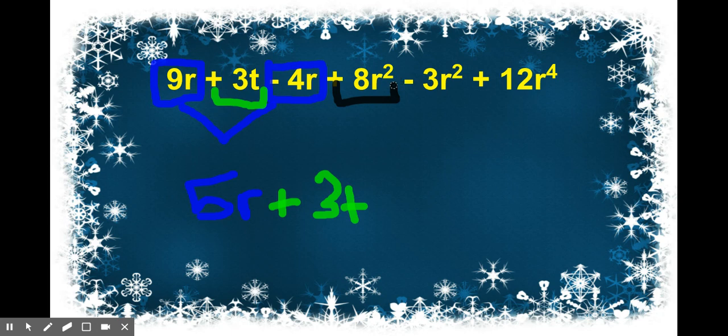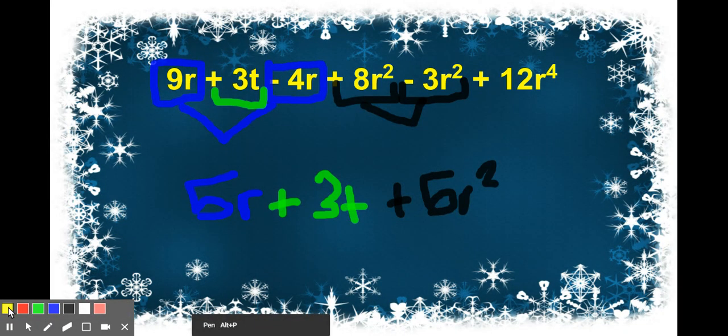I'm going to look and say, do I have any other r squares? Well, right next door I have a negative 3r squared. So I'm going to go ahead and combine these. 8r squared minus 3r squared gives me a positive 5r squared.